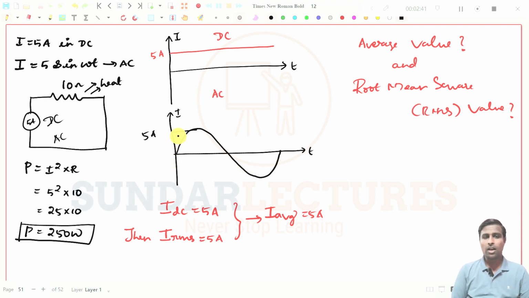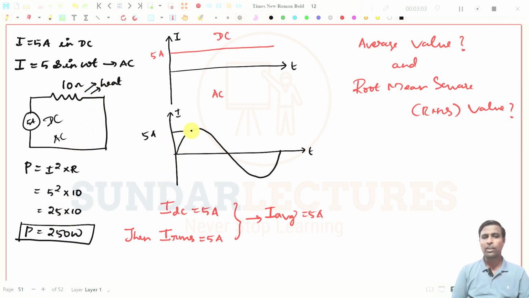So this 5 amperes is not constant. So the current flowing through this resistor, if AC 5 sin omega t is given, then this resistor will not produce this much heat or dissipation of energy to the atmosphere.